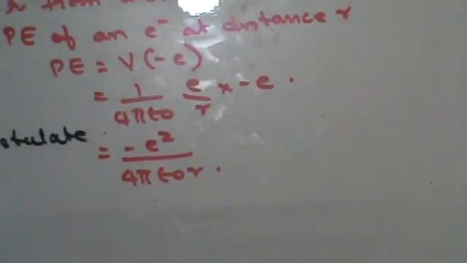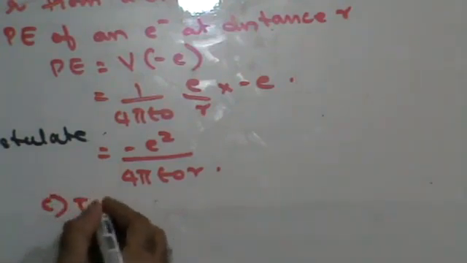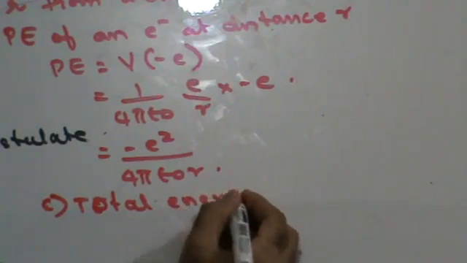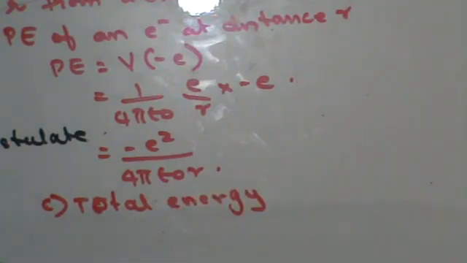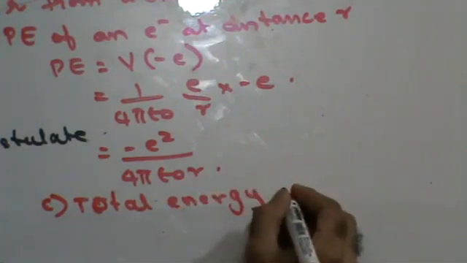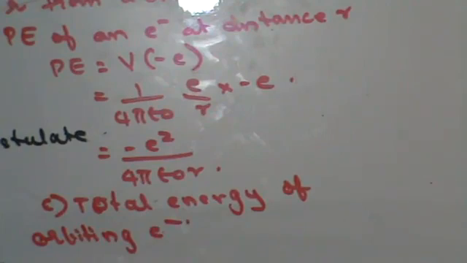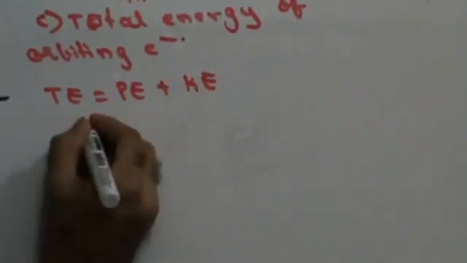Next, once I know the potential energy, then I can find out the total energy of the orbiting electron. We know that total energy is the sum of potential energy and kinetic energy.